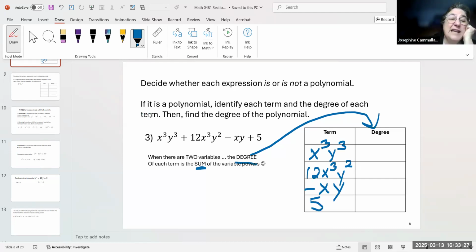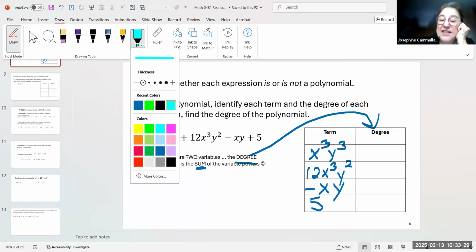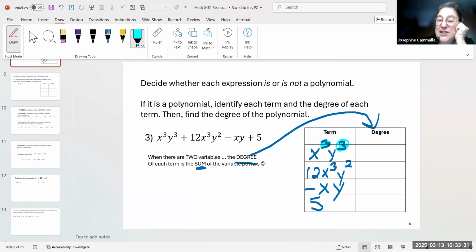Now, the degree is the sum of these two, which is 6. It is the sum, and notice it's only the variables. That 12 is a coefficient. That's nothing to do with the degree. This is going to be 5.